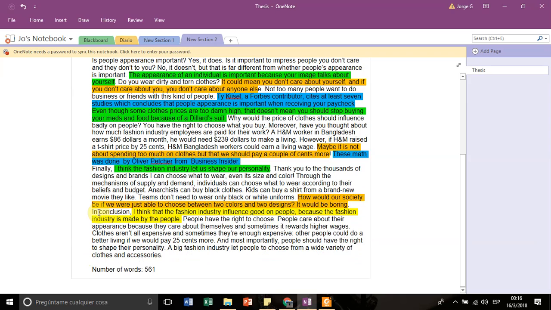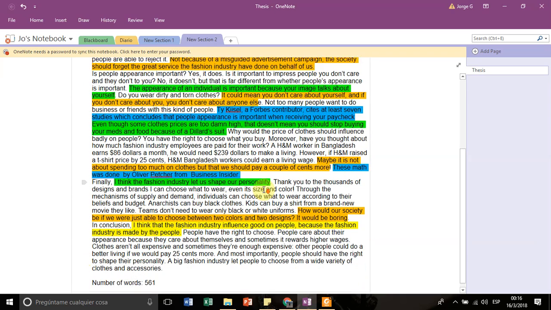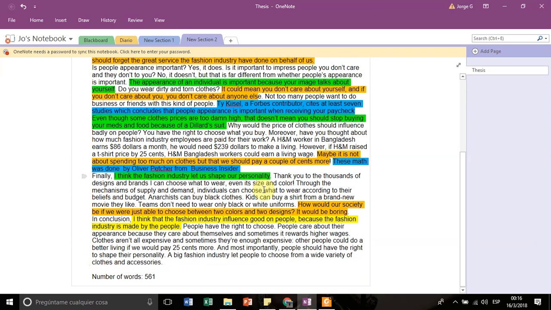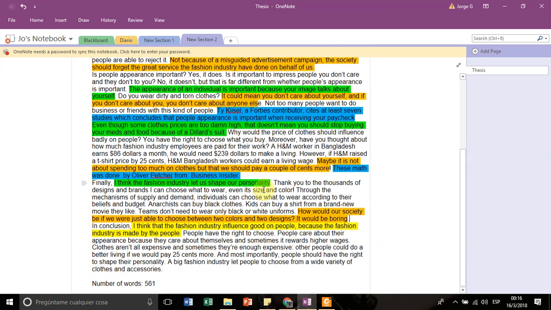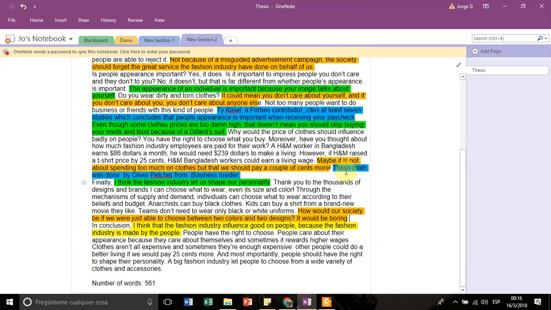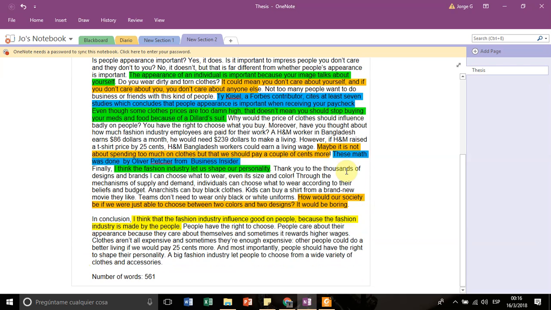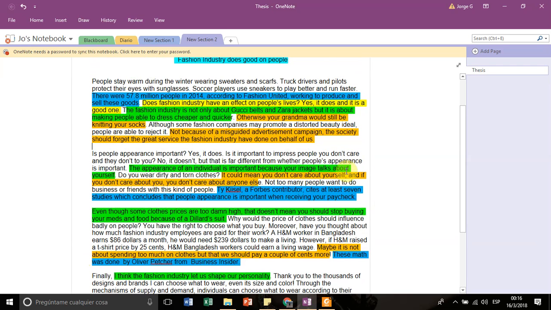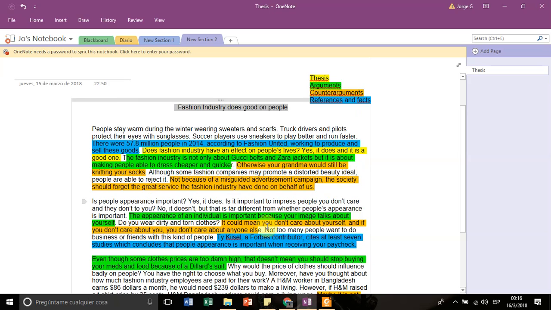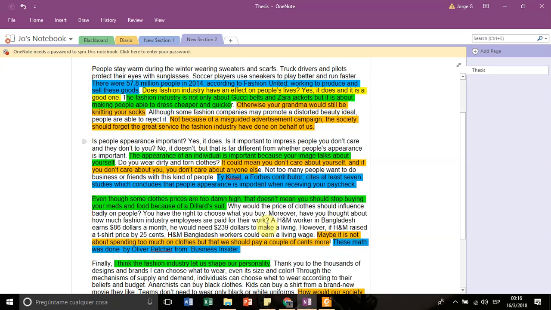This is like a big column of text, and it is confusing, and I don't know where is the introduction, what are the arguments, where is the conclusion. So for better, leave space between paragraphs, right? That is the best thing you can do.